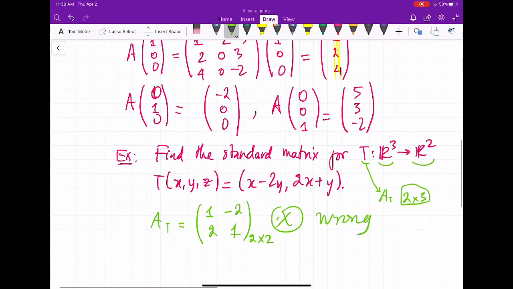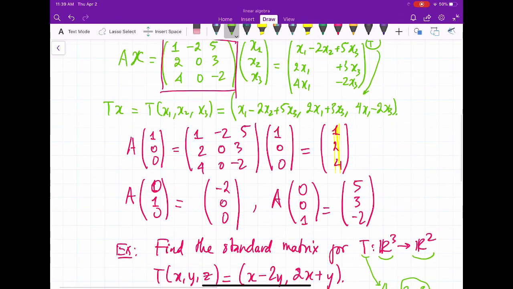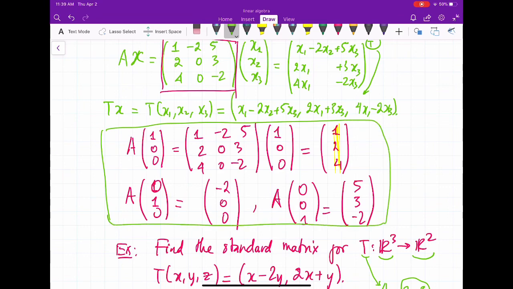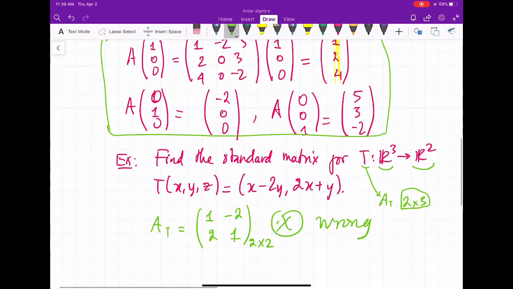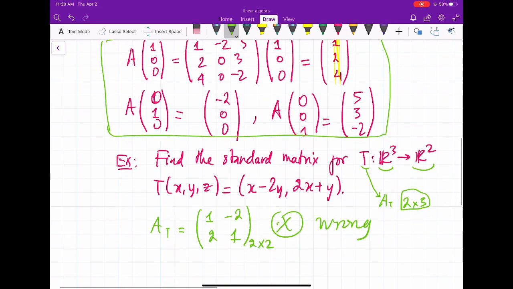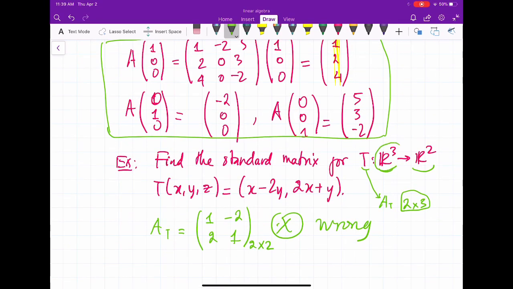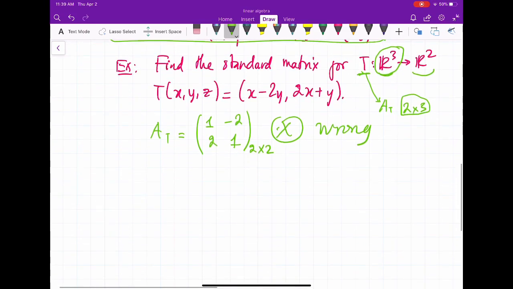I will use the remark we just made right here. I will pick vectors in the standard basis for R3, and I apply T to those vectors to get the columns of the matrix for this linear transformation. Make sense? So my T(1, 0, 0) is what?